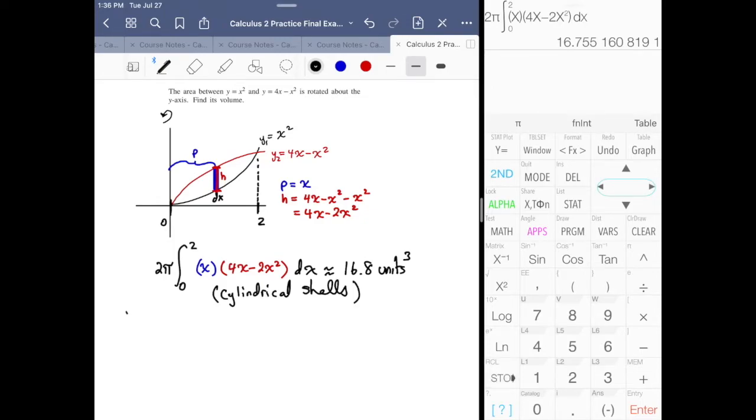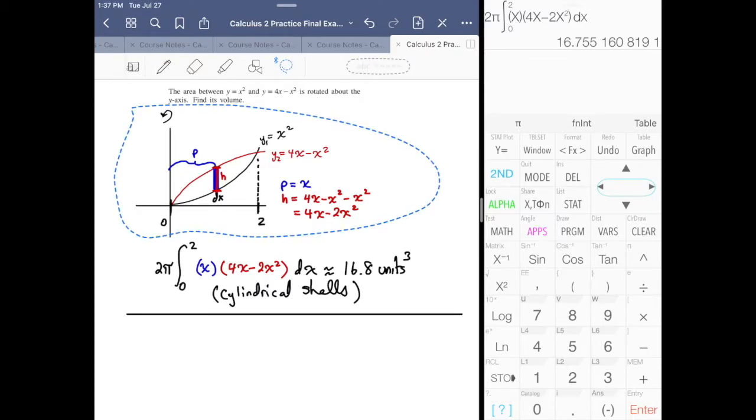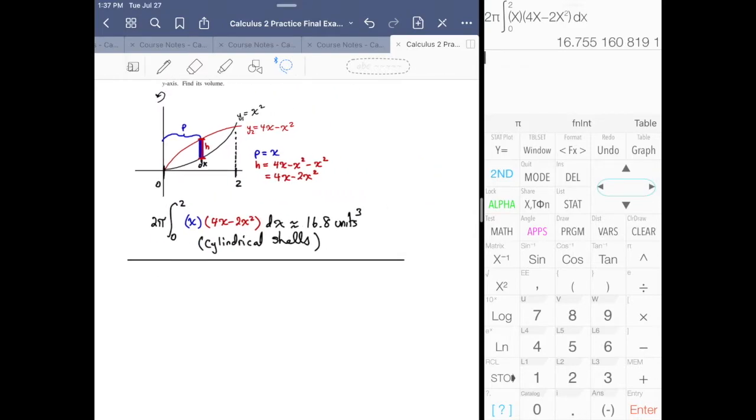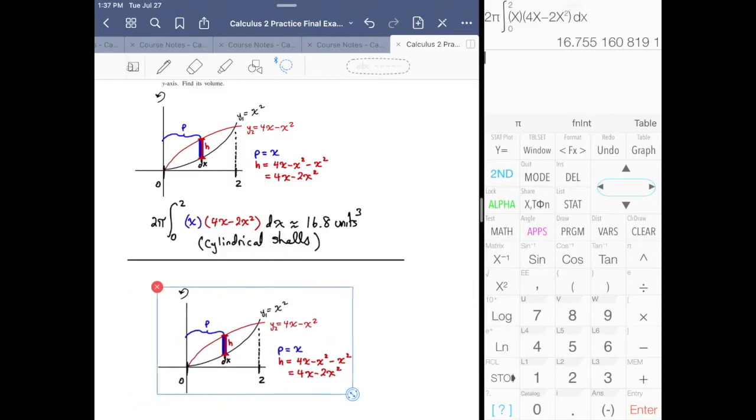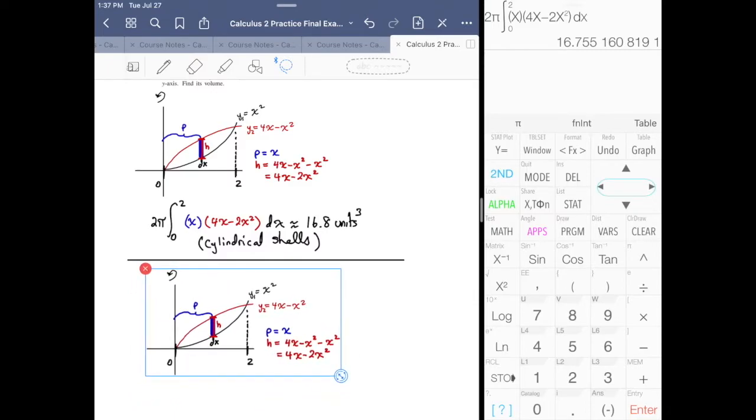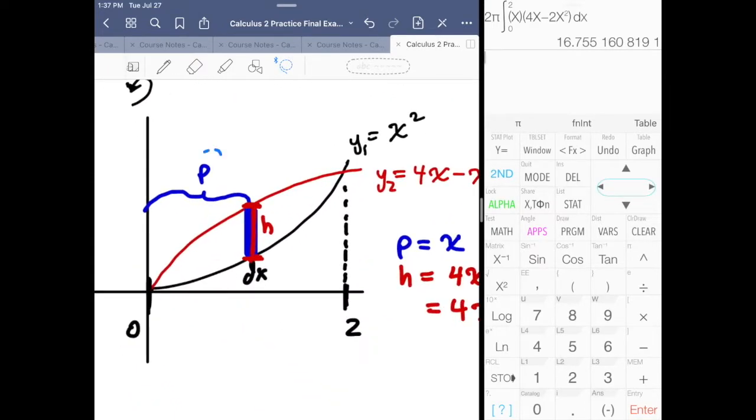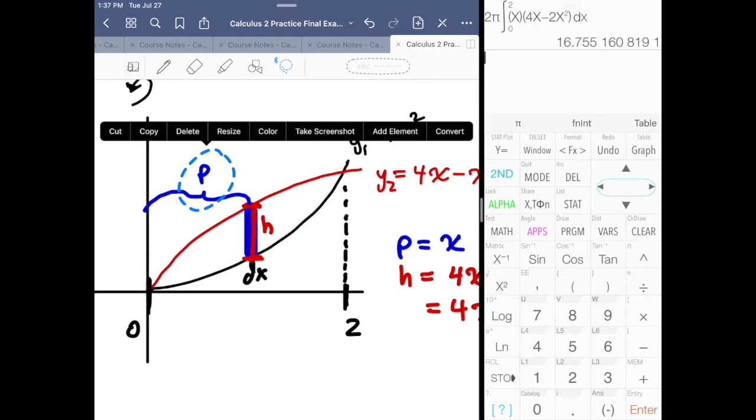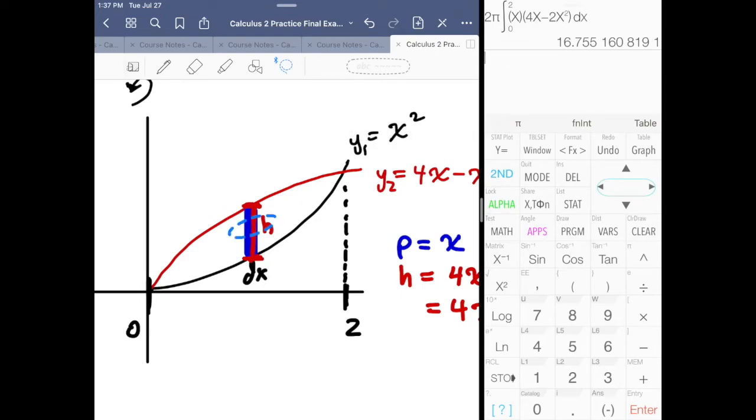All right, so let's say we wanted to do that with the washer method. I'm going to steal my diagram here. A lot of it will remain the same, but some of it will change, particularly the orientation of the rectangle. So we've got to start there.